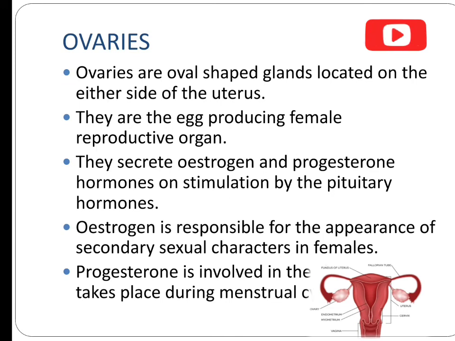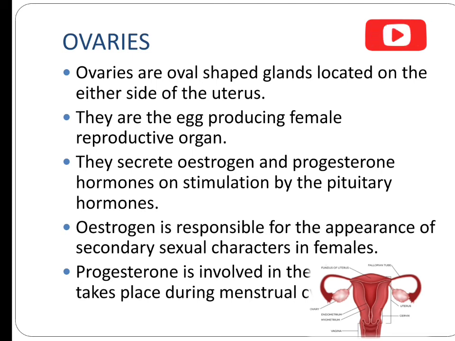Then the next gland is the ovaries. The ovaries are oval shaped glands located on either side of the uterus, and they are the egg producing female reproductive organs, and they secrete the hormones estrogen and progesterone. This estrogen is responsible for the appearance of the secondary sexual characters in females, which may be changes in body structure or production of eggs.